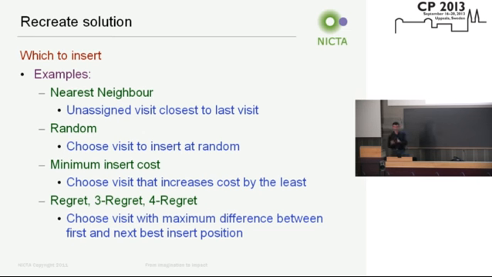For instance, even if I just limit myself to inserting it in the position that increases the cost by the least, the choice about which visit to insert that we've seen is so important, I've got a number of choices there. Nearest neighbour, I can choose one that's close by, ones that I've already inserted. I can choose a random one, the minimum insert cost that we looked at, and regret.